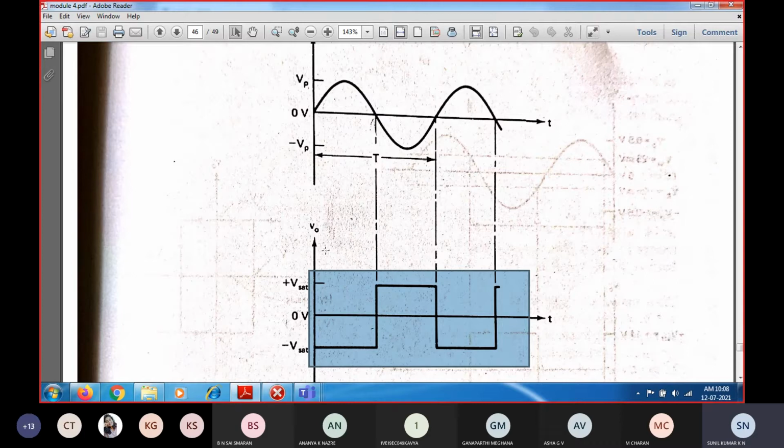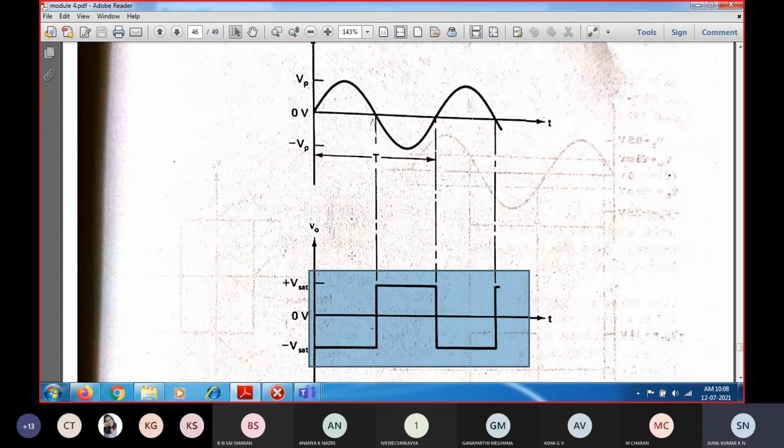We know that for the 741 op amp, we can give a maximum power supply of up to plus or minus 30 volts. When we give a plus or minus 30 volt supply, the maximum output voltage is also limited. The maximum output voltage will be 1 volt less than the maximum power supply, so for plus or minus 30 you will get plus or minus 29.